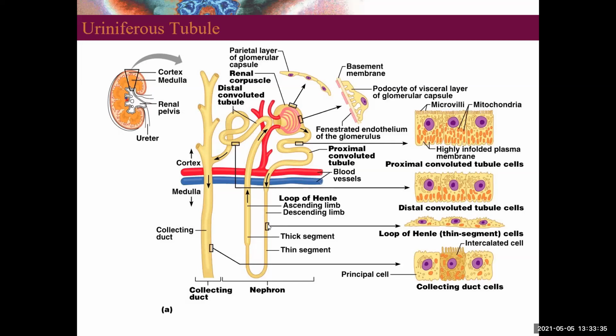It has a thin descending section and thin ascending section. And then ascending thick limb, and then it again coils, and that is called distal convoluted tubule. And then it joins the larger duct that is called collecting duct.